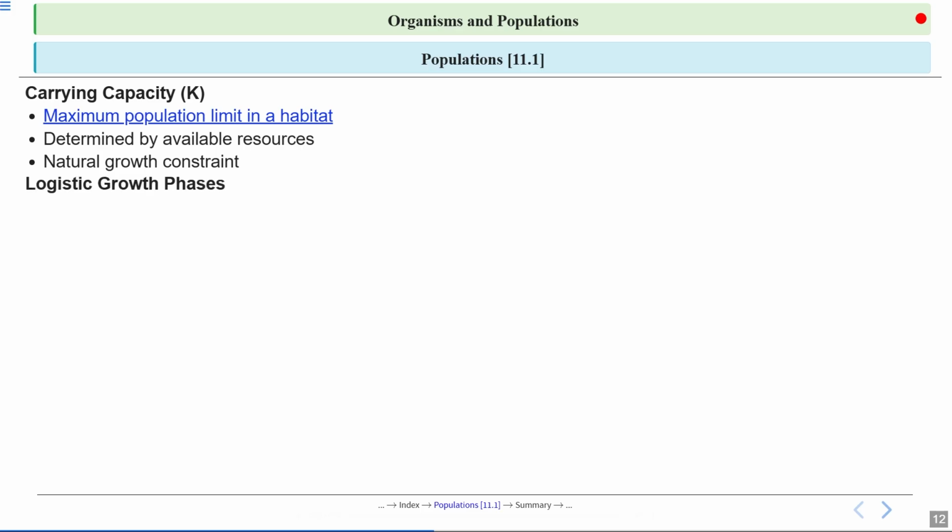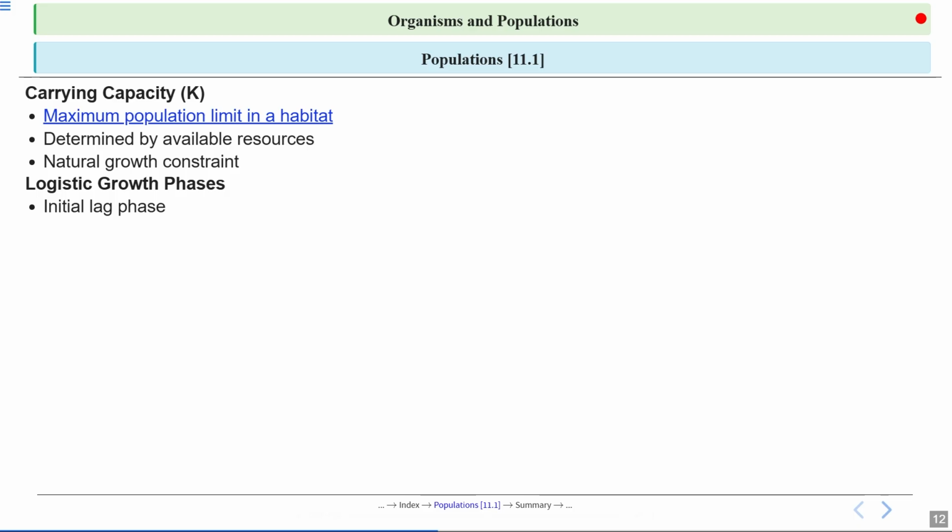Okay, let's talk about the logistic growth phases. There are some phases in the logistic growth curve. What are these phases? Logistic growth is the more realistic model because resources are always limited. First phase is the initial lag phase.